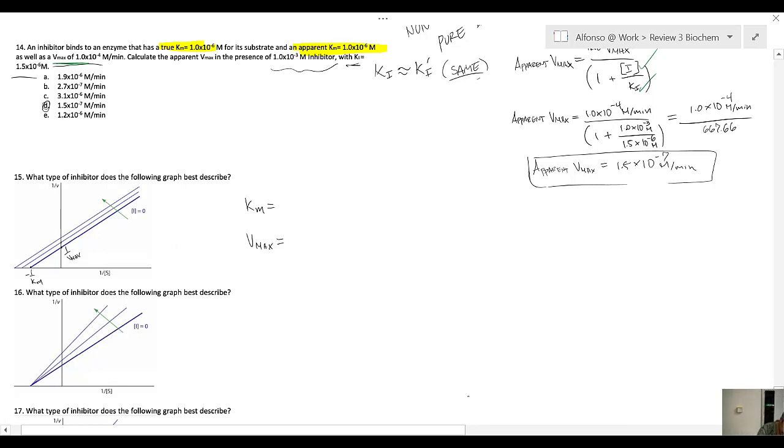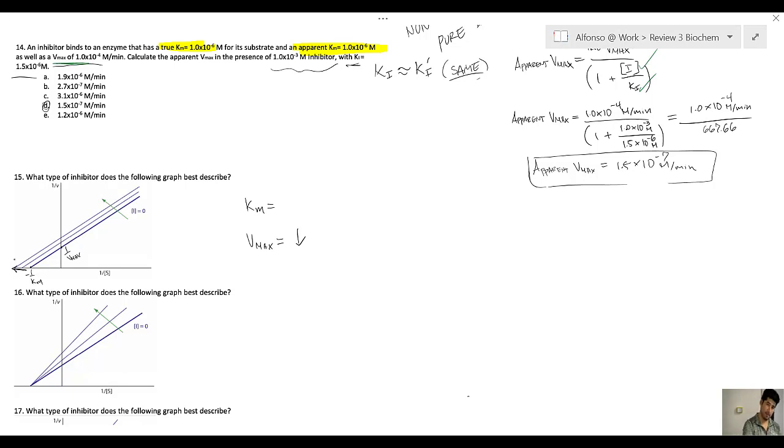Since the 1/Vmax has increased, that means that the Vmax has gone down. And look at this, the Km, or the -1/Km, has shifted to the left. So has Km decreased or has it increased?